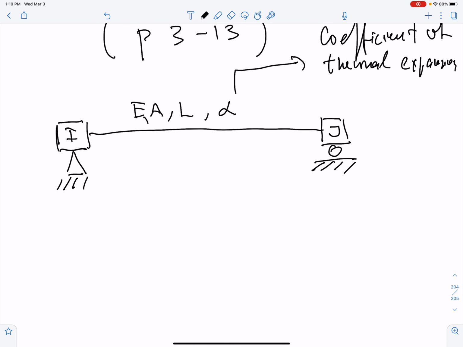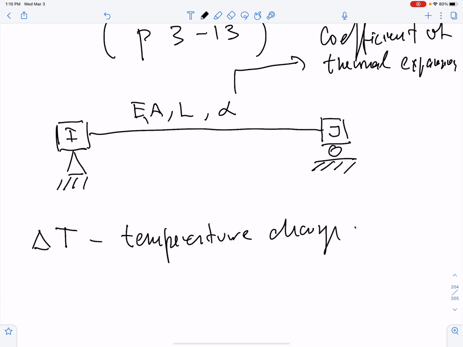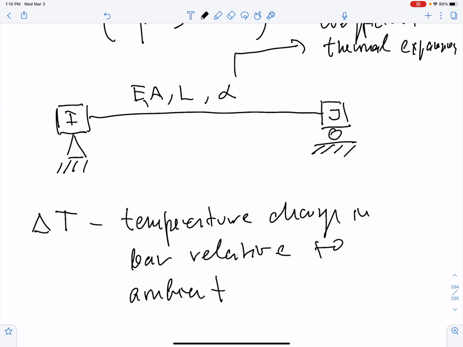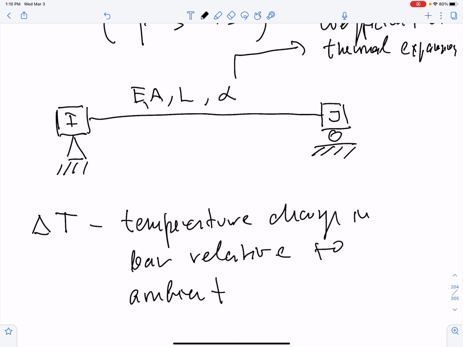And so supposedly, let's denote by delta T a temperature change in the bar, right? Relative to some ambient one, okay? So then, if you apply the temperature change, as you would expect, if the temperature change is positive, the bar will change volume, okay?